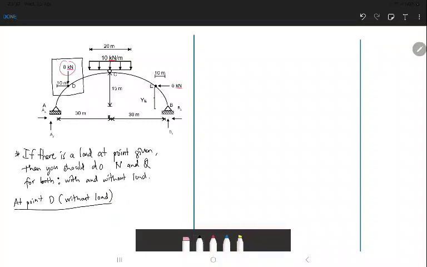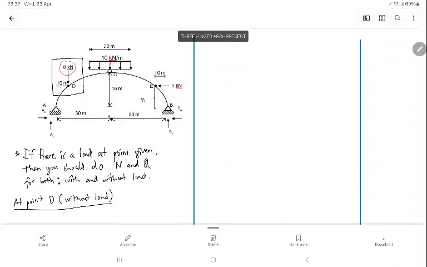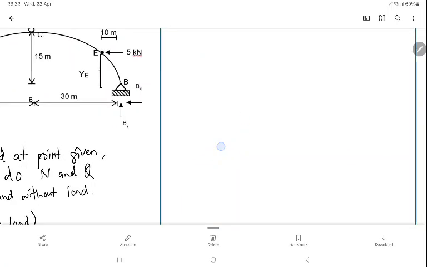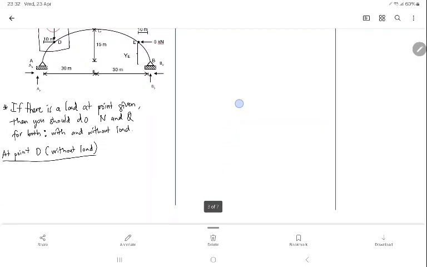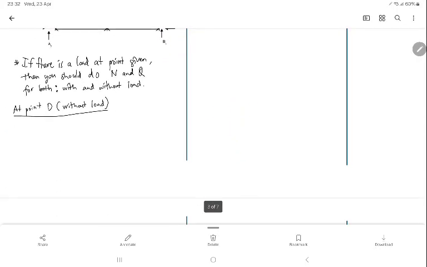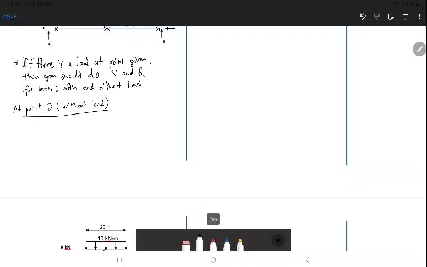Without load, you have to sketch. This is point D. So without load, first Ay, this one Ax.